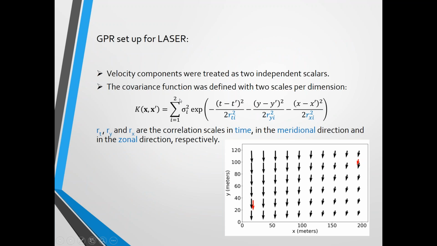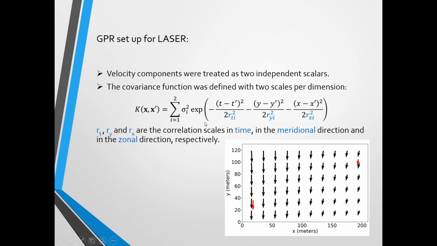In the setup for the laser data, I consider both velocity components to be independent, and the covariance function which I use to build the covariance matrices is a three-dimensional squared exponential function. So here I have correlations in time, in the meridional direction, and in the zonal direction.